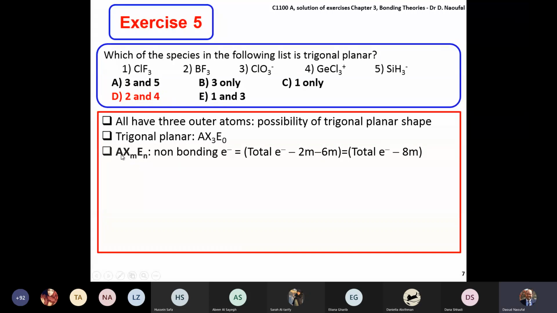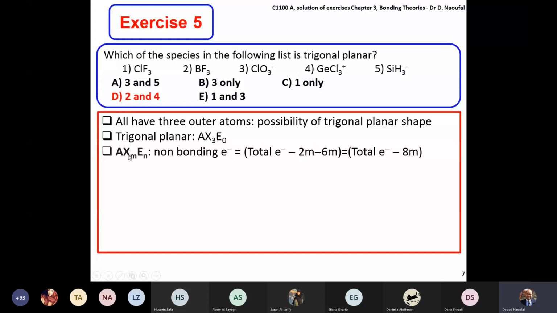In a structure AXmEn, I have M bonds, since I have outer atoms equal to M. So A is bound to X, this is 2 electrons.